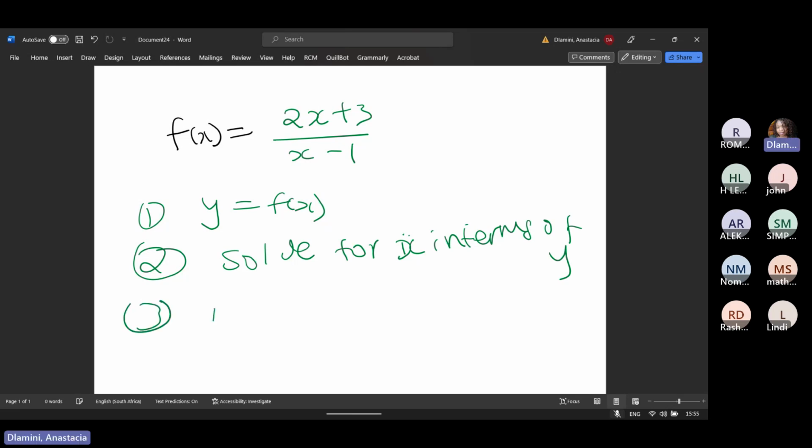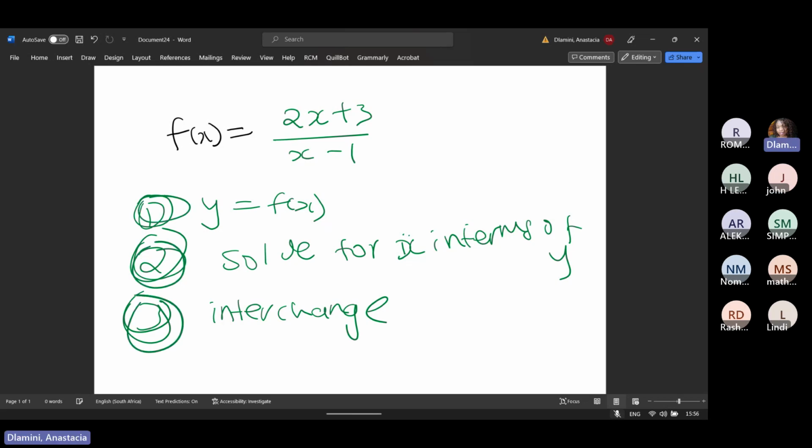The third step: you interchange. One can ask, ma'am, can't I interchange first, then solve? You can do that. You can say step 1, step 3, then step 2, or you can say step 1, step 2, then step 3. It doesn't matter. Are we all okay there?